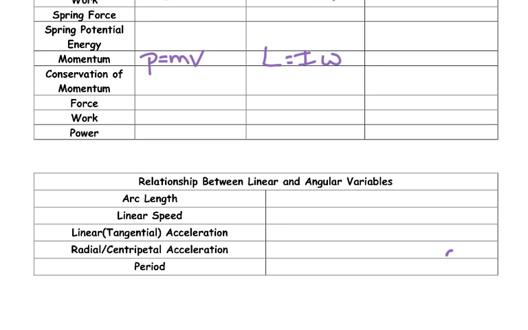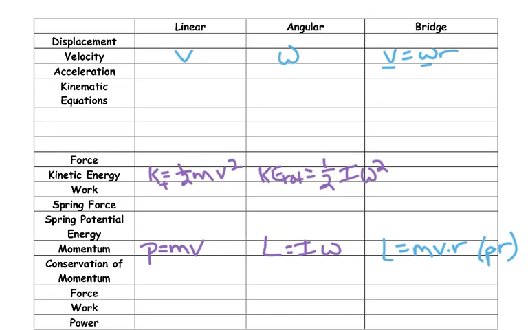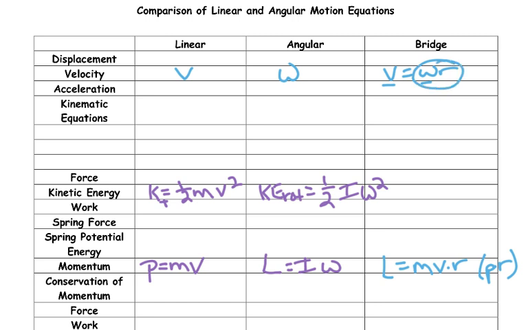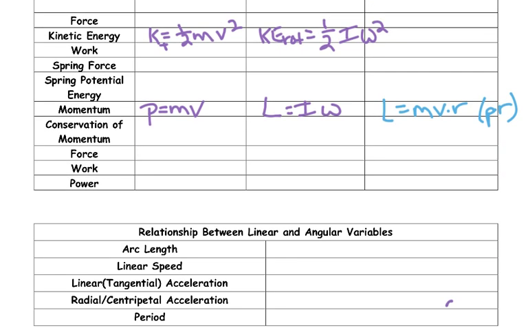Well, we also have a bridge here that the angular momentum is mass times velocity times the radius, or linear momentum times the radius. Okay, so this is a little bit different than up at the top when we multiplied the angular by the radius. Now we multiply the linear by the radius, and that's because of that r squared embedded in the rotational inertia.